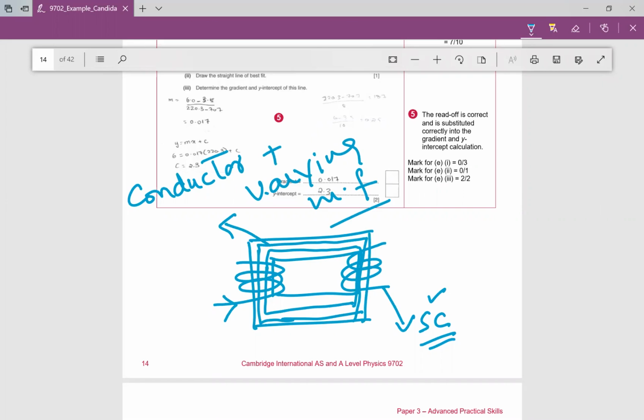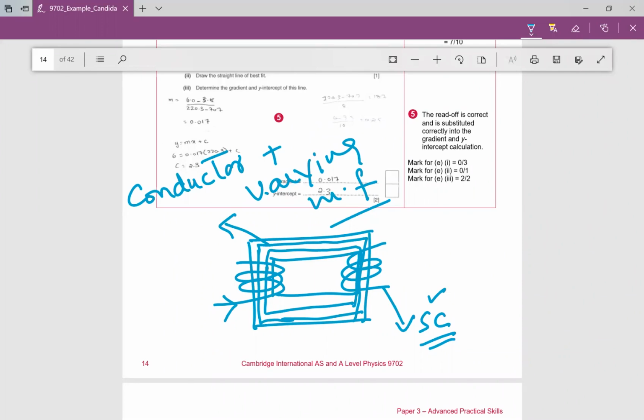Now the second thing is Lenz's law. Lenz's law states that the current induced will always be such that it creates problems for the original magnetic field. So if the original magnetic field is in a certain direction, then the magnetic field due to this induced current is going to decrease its value.